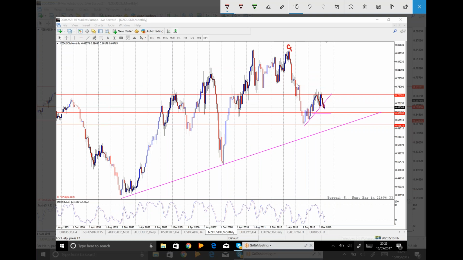A, B, C, D. Look how the market rallied up, but it didn't break the previous C. So what does that tell me? Structure is still intact. A, B, C. Where's my D projection now? D.